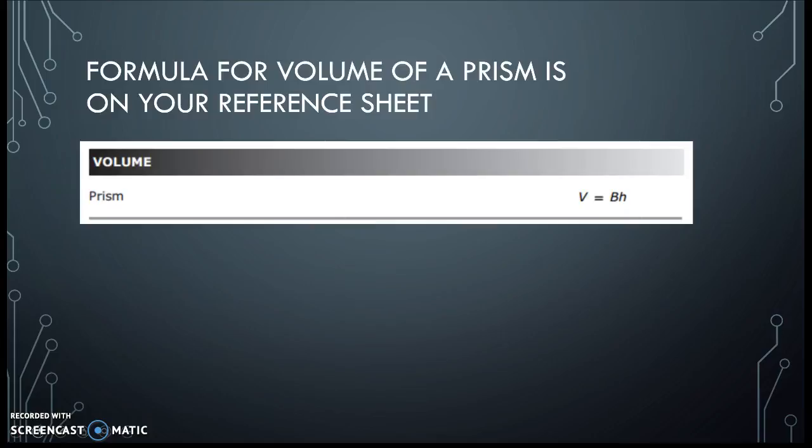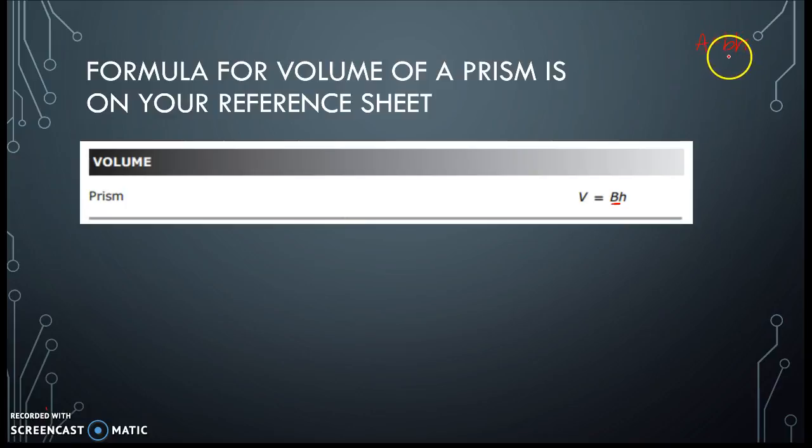So on our formula chart, we're going to be using the volume formula for prism. So under volume, you're going to go to prism, and we find that volume equals big B times height. So I want you to notice here that we have big B. So usually we've been doing area equals base times height.